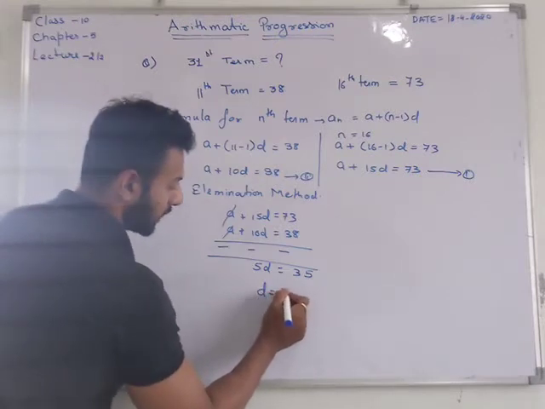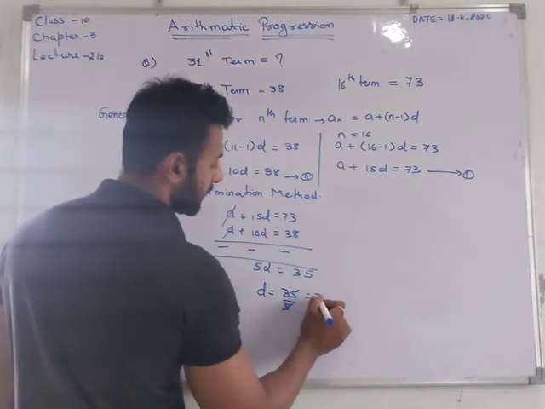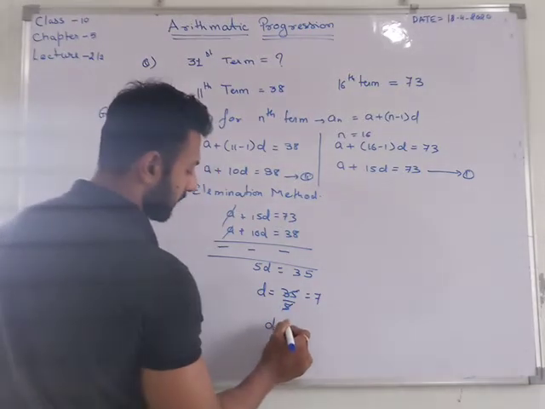So d is equal to 35 by 5. Cancelling out, we will be getting 7. d is equal to 7.